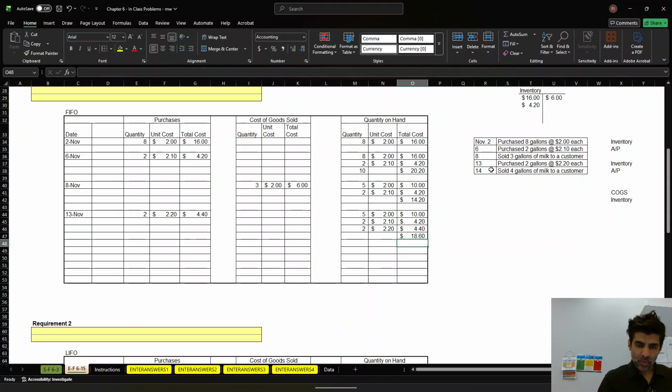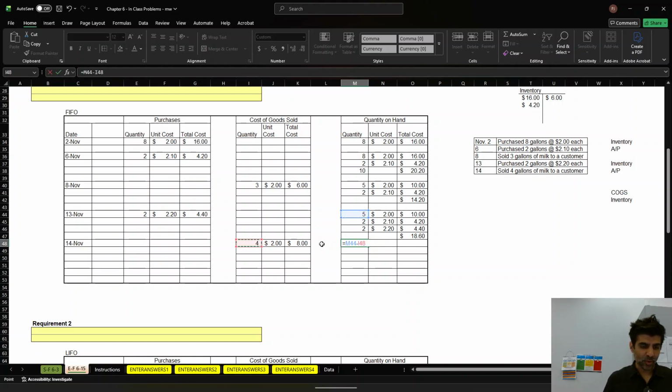and then we have one more sales transaction. Sold 4 gallons to our customers, on November 14th. We're selling 4. And again, we're going to start at the back. FIFO is starting here. So we do have enough in this oldest costed layer to fully account for this sales transaction. So we're going to have $2 again. So we have cost of goods sold of 8.